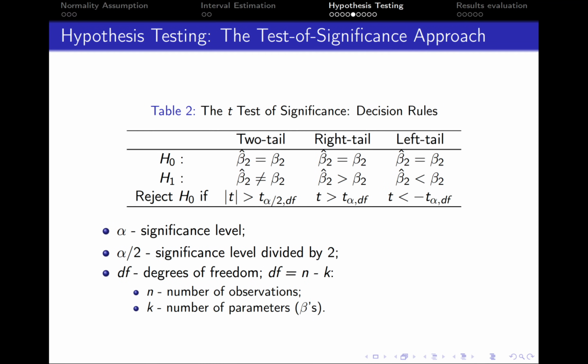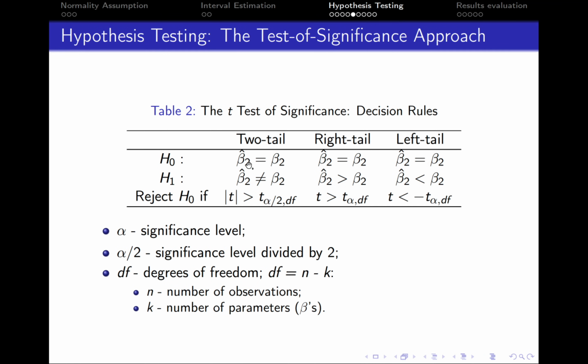So after we've got the estimated t-statistic, now we can proceed to the result interpretation. And once again, I have repeated three types of tests: two-tail, right-tail, and left-tail test. And here is the decision rule that you can follow in the future.